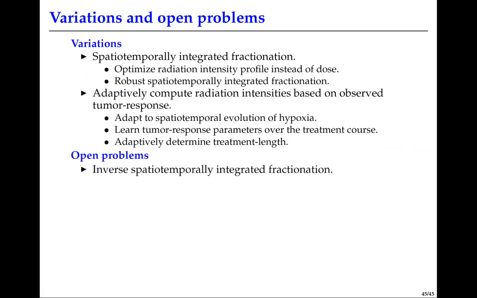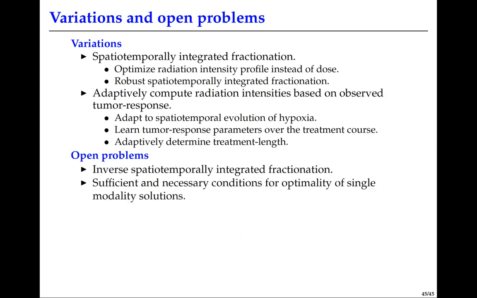Some open problems. So inverse spatio-temporally integrated fractionation. So I mentioned that there is literature on spatio-temporally integrated fractionation, but there are no papers that talk about inverse versions of those, where an intensity profile is given, but based on that intensity profile, we want to figure out parameters, let's say for the normal tissue or the tumor.